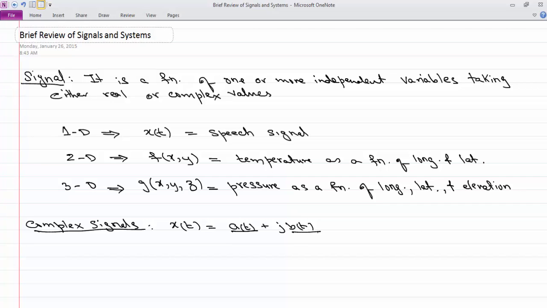So both a of t and b of t are real. And so together you have this complex signal, a of t plus j b of t. Now, the most common place where complex signals appear is, for example, in communication systems. If you think of MRI machines, the signals in MRI machines can also be described as complex signals.